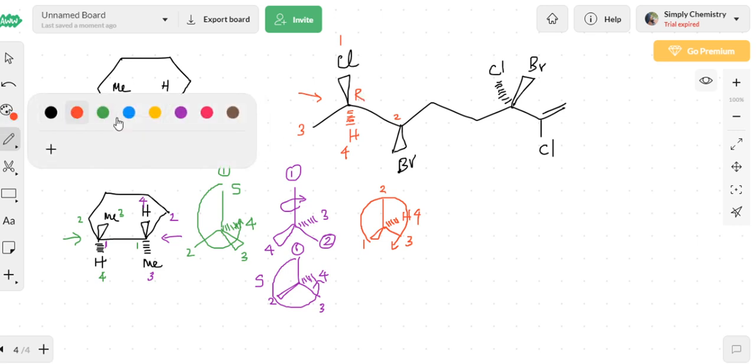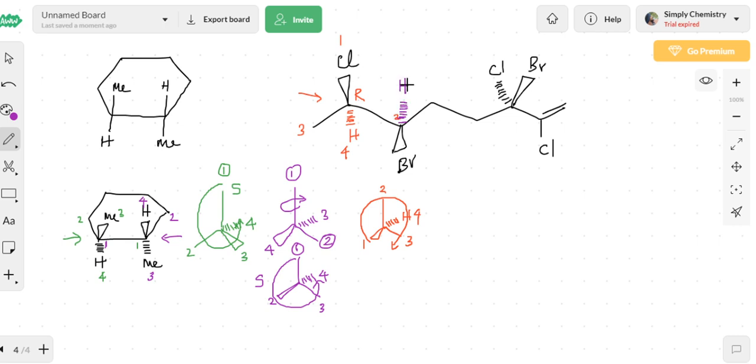So likewise we'll move on to the next one, that there is a hydrogen projected in this direction. So now let us assign the numbers for this. So this gets number 1, this gets number 2, 3 and 4. So now you view the molecule from this direction.